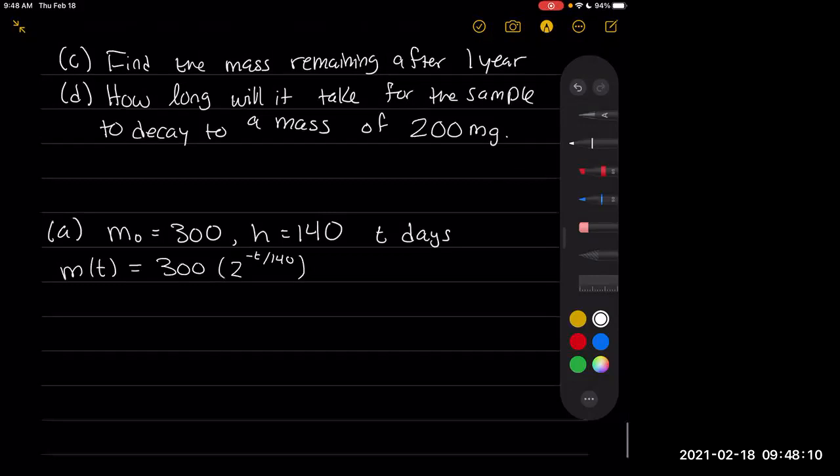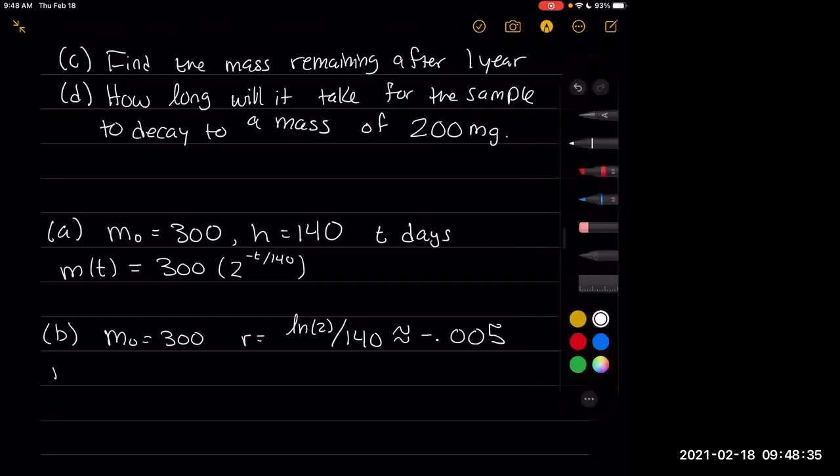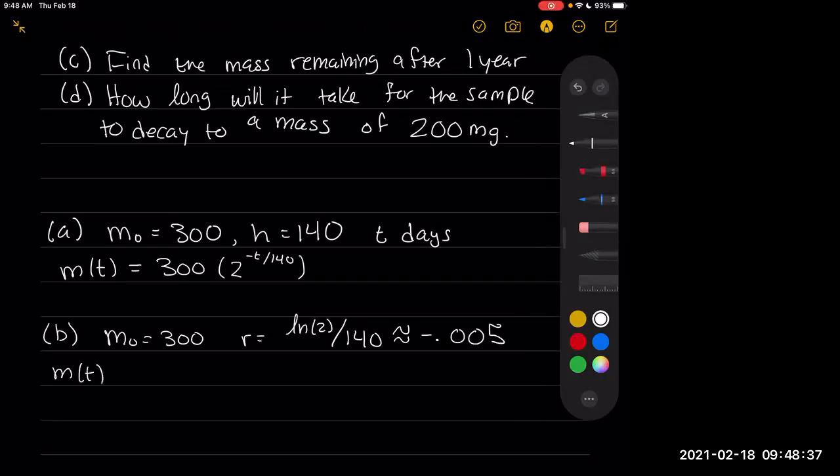And then for B, we know that m naught is 300 and r is the natural log of 2 over 140, which is approximately 0.005. So our equation will be modeled by 300 e to the negative 0.005 t.